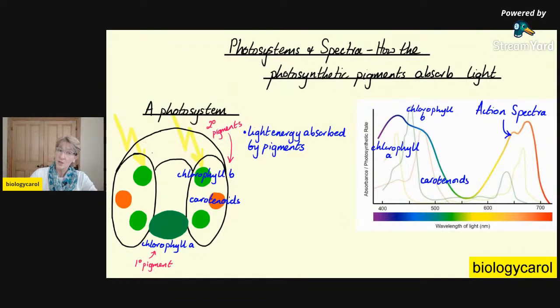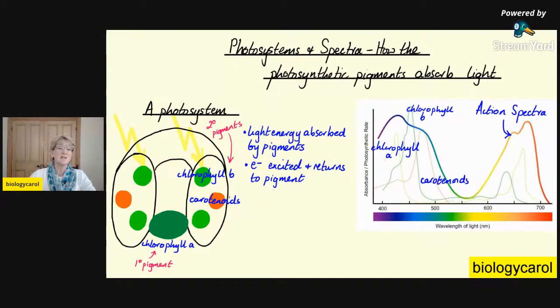But they return back to the pigment that they came from. The electron is excited, but it returns back to the pigment. But when that electron is excited and then returns to the pigment, it passes on the light energy to the neighboring pigment.